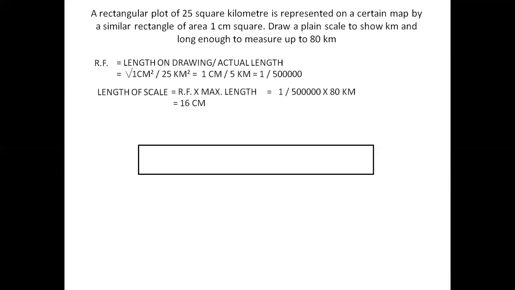Now how to divide this scale? First of all, the main division. The maximum length of scale is 80 kilometer, and we get a unit kilometer, means the minimum unit is 1 kilometer. So 80 kilometer, if divided into 10 equal parts, we get 10 kilometer.